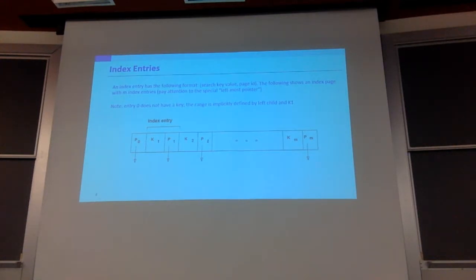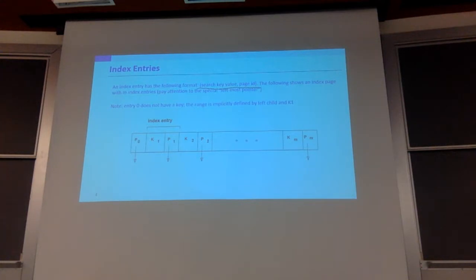Okay, so let's first see something new. This is called index entries. So what are index entries? An index entry is something similar to a data entry, in that it's actually a pair. You have a key as the first component of the pair, then a page ID as the second component, which acts as a pointer. So how it works is that once you try to find some key through this index entry, you find where that key is located.